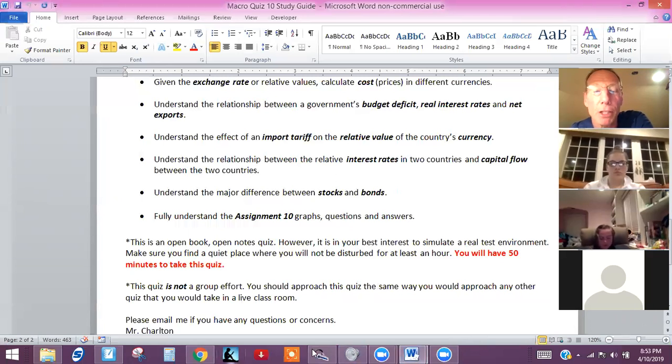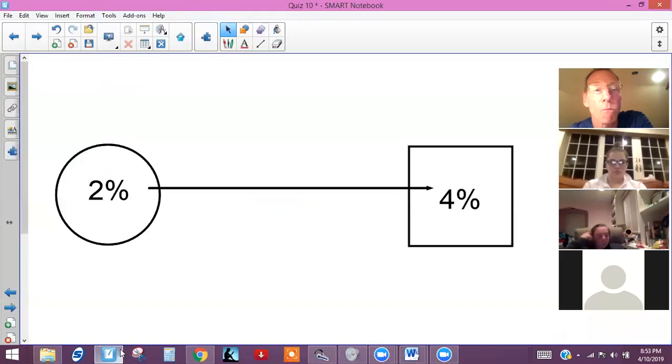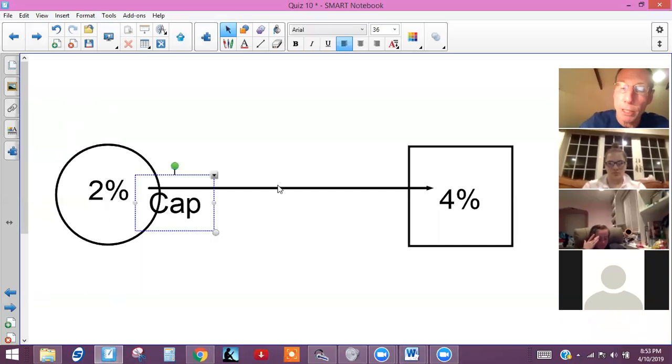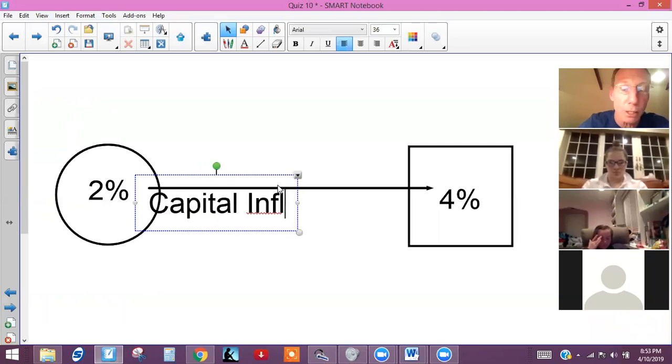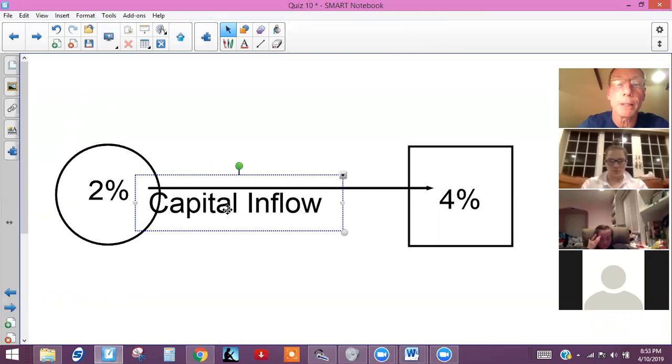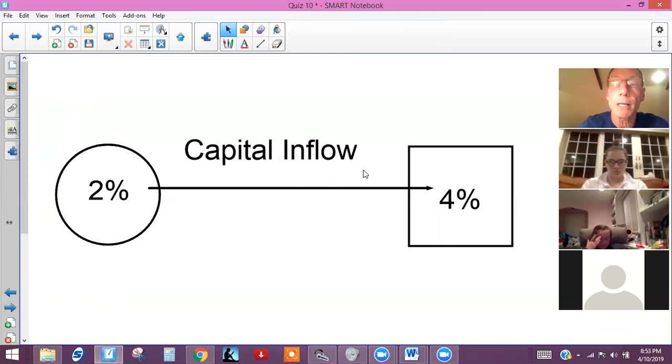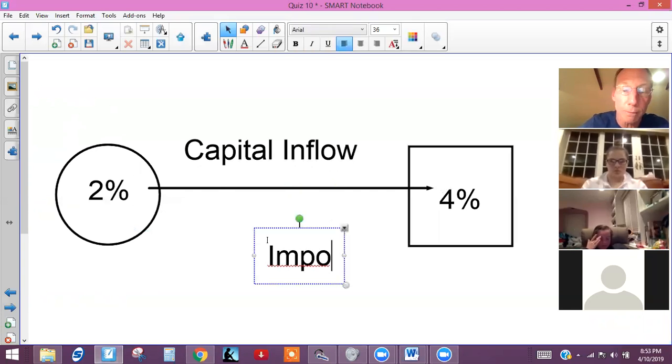But I want to think about this. Just give me 1 minute to think about this. Capital inflow. It helps me if I just write. See, if you just think sometimes your brain just freezes up. Capital inflow means that imports are going this way, right?